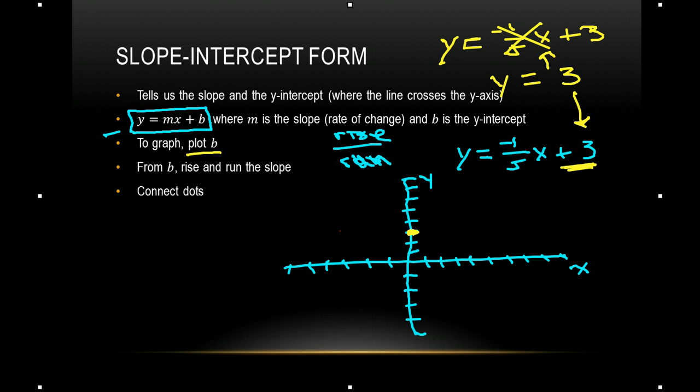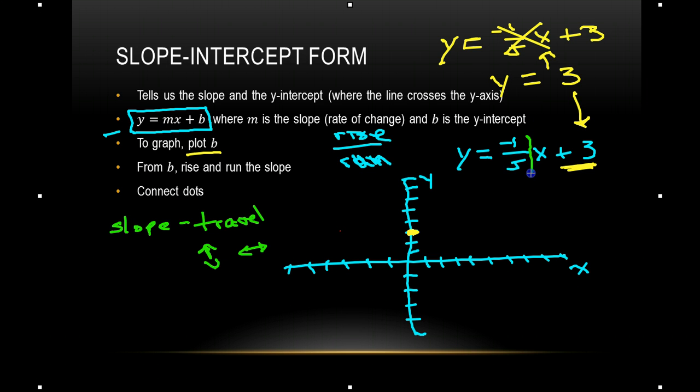The slope tells us how we travel from one point to another point. Slope tells us how we travel vertically, then horizontally from one point to another point. So in this case, our slope is negative 1/5.